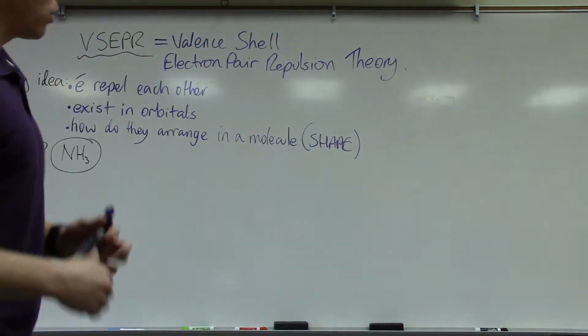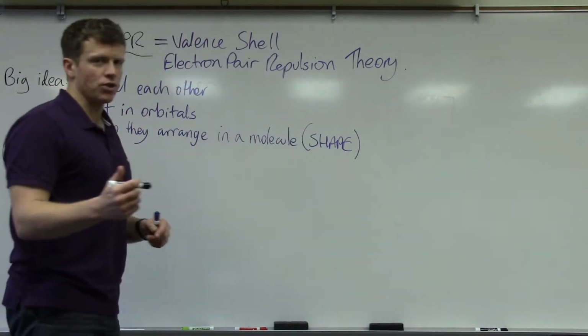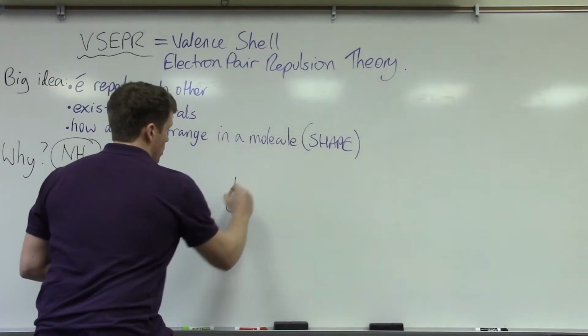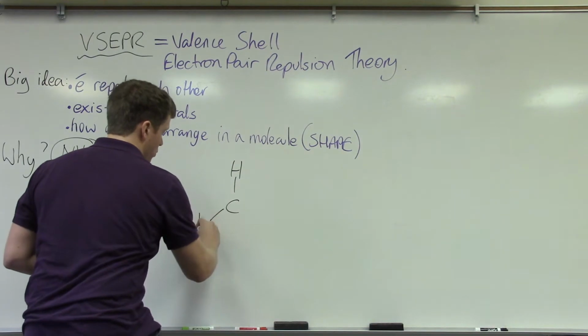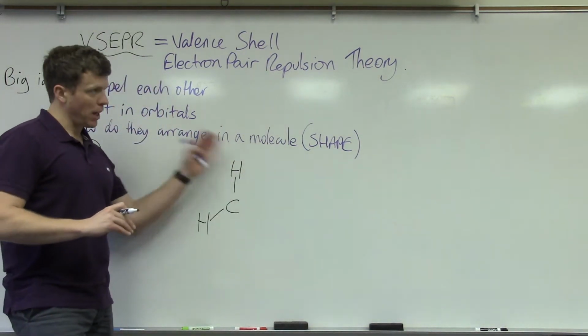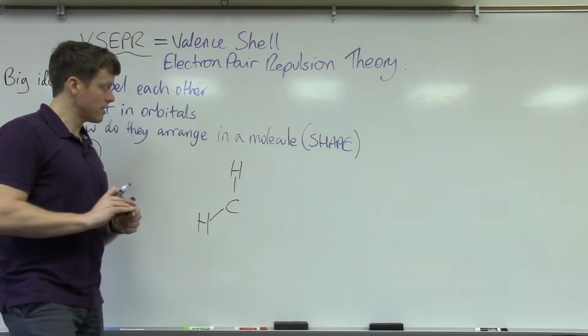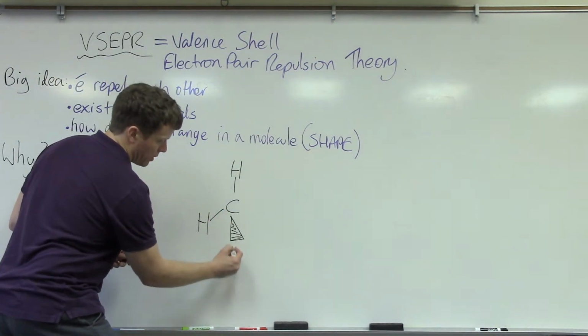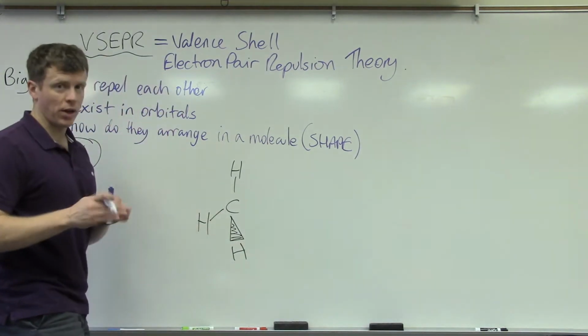So the way that we show that, and the way that we'll be using in class, is this way. We use straight lines to represent the 2 bonds that are in the plane of the paper, or the board in this case. The bond that's coming out towards us, or towards the camera, we represent with a thick wedge.